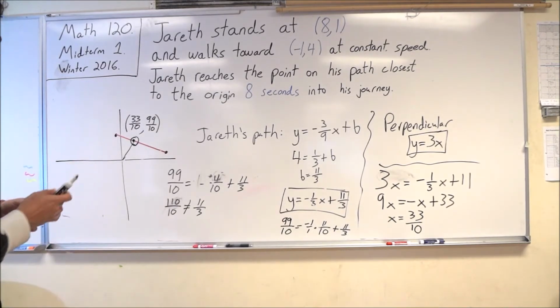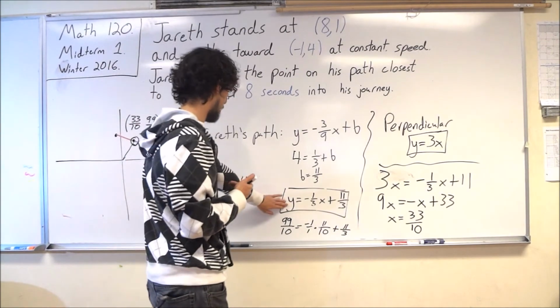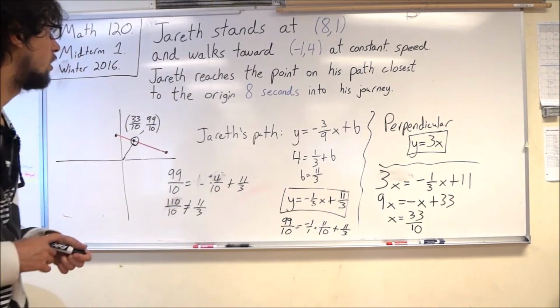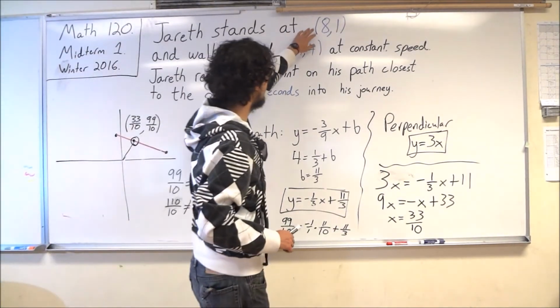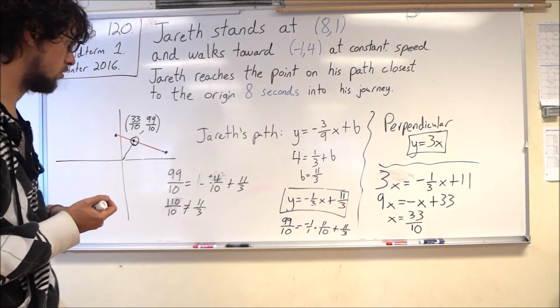So one more time, just running through my logic, checking whether I'm crazy. This is what I found for my equation for Jareth's path. If I plug in 8, 1, I find something that's true.